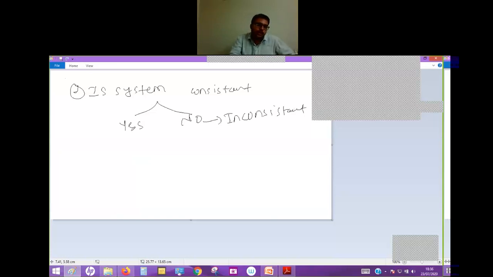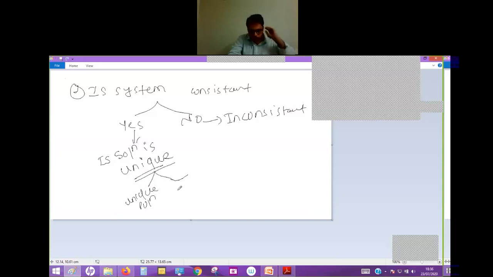If yes, then the second question is: whatever solution is there, is that solution unique? Depending on this, if yes, then it is having a unique solution. And if no, it is not having a unique solution.